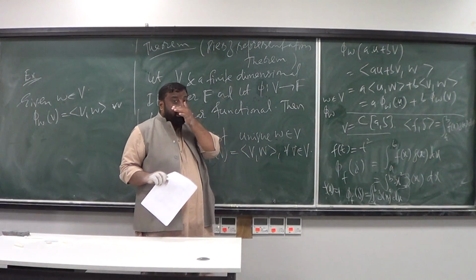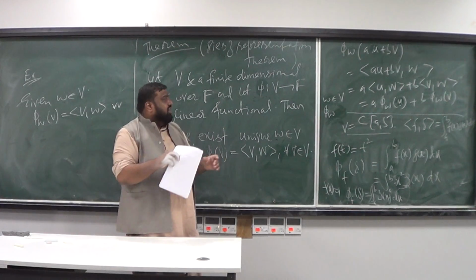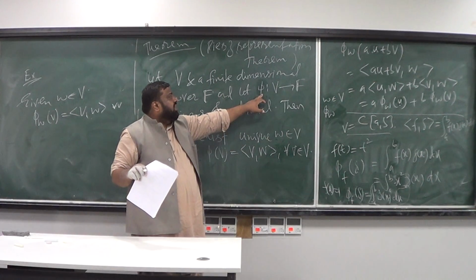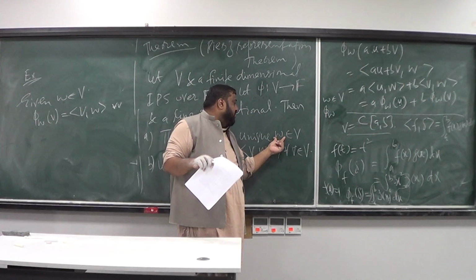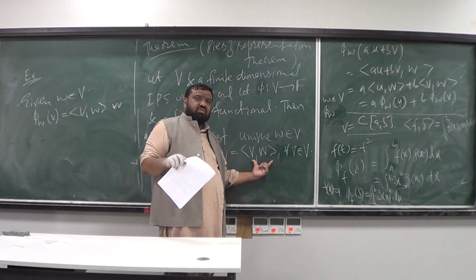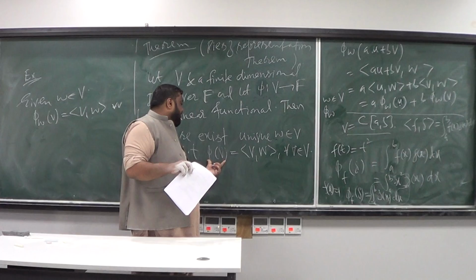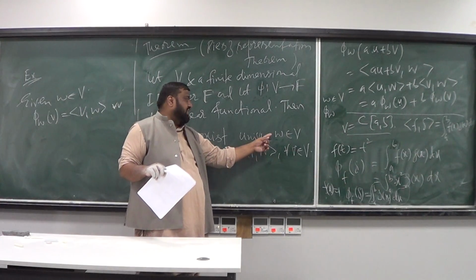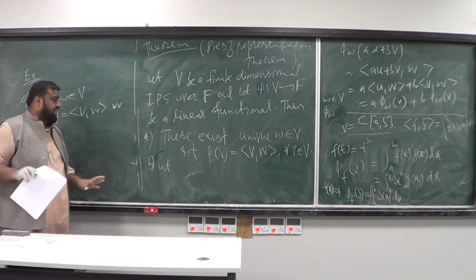So how can I know, corresponding to phi, what is that w for which this functional can be written in this manner? The question is how to find that w. The answer is you can do it very easily.